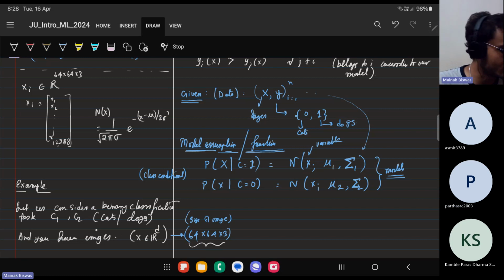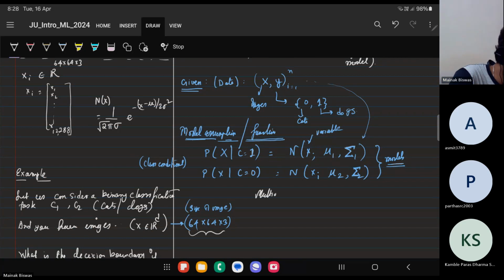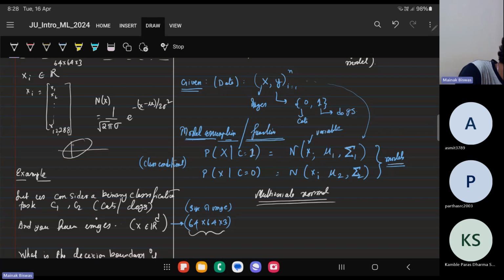Now, multivariate normal means the same thing, but you will have contour plots like this, and your probability will decrease outside.